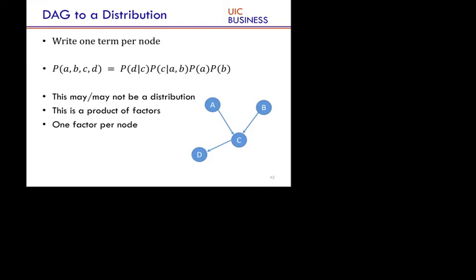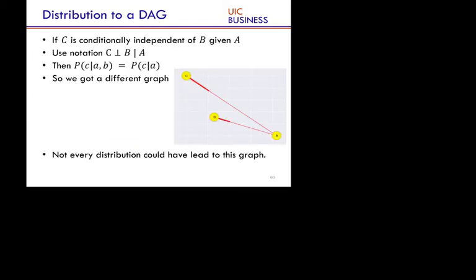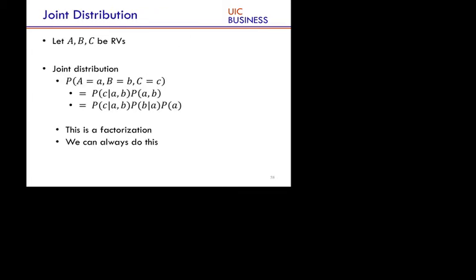Is it obvious that it sums up to 1? It's not obvious. If you go from the other direction, from a joint probability to a factored form, I know that if I sum over all A, B, and C, this is equal to 1 on the left side. So I know that this particular product of 3 terms, if I sum over A, B, and C, is equal to 1.